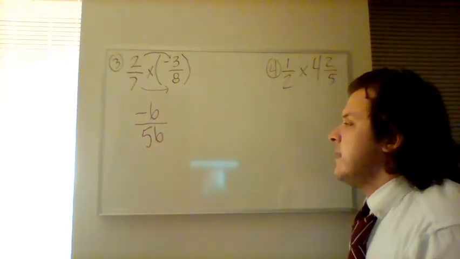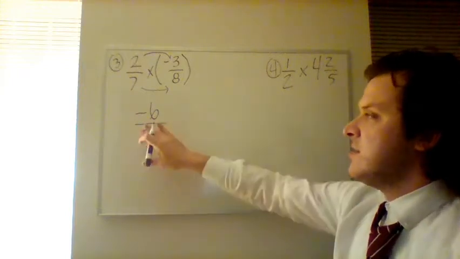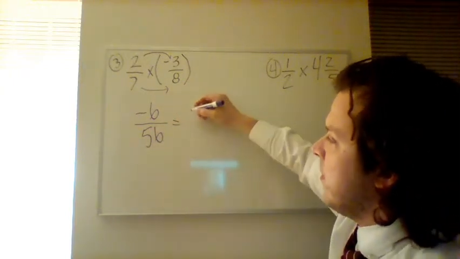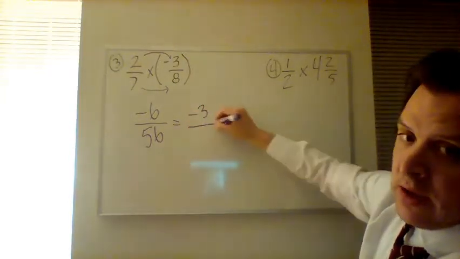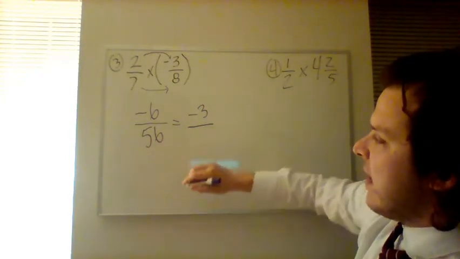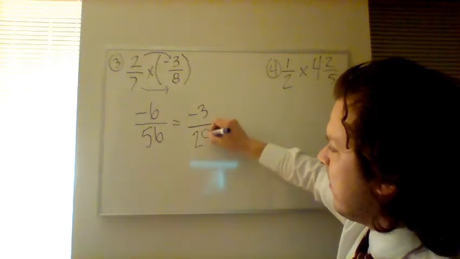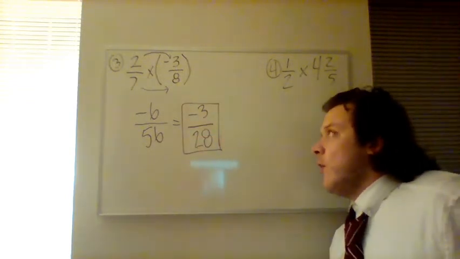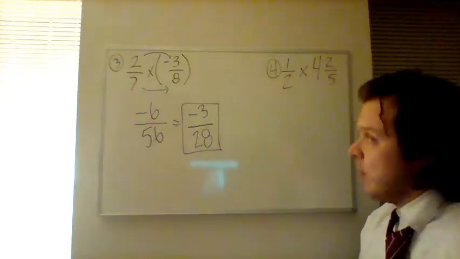These two numbers are divisible by 2. If we divide 6 by 2, it would give us -3. And if we divided 56 by 2, I believe that's 28. Is that 28? Yeah, so it looks like our answer is -3/28 for problem 3.